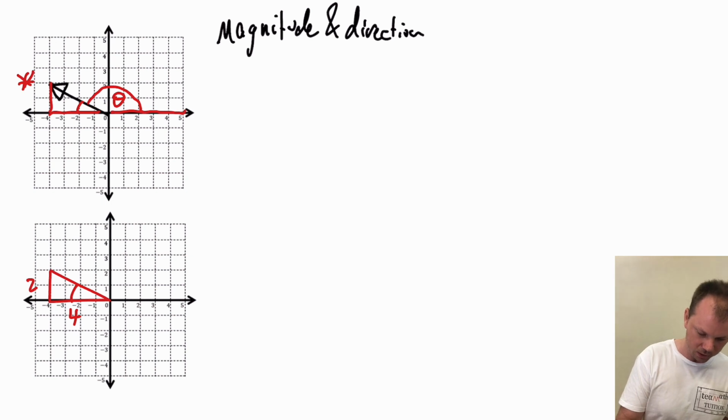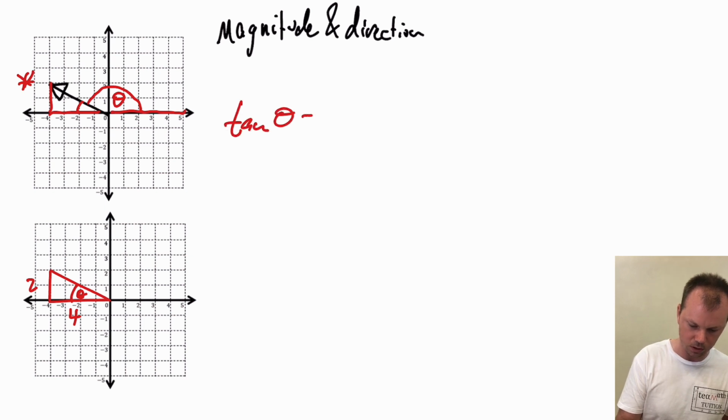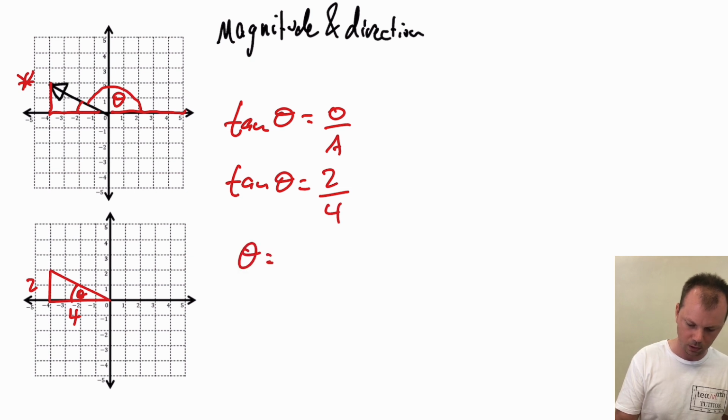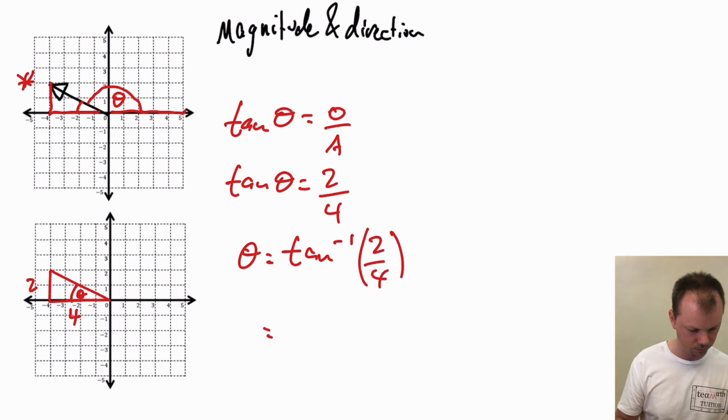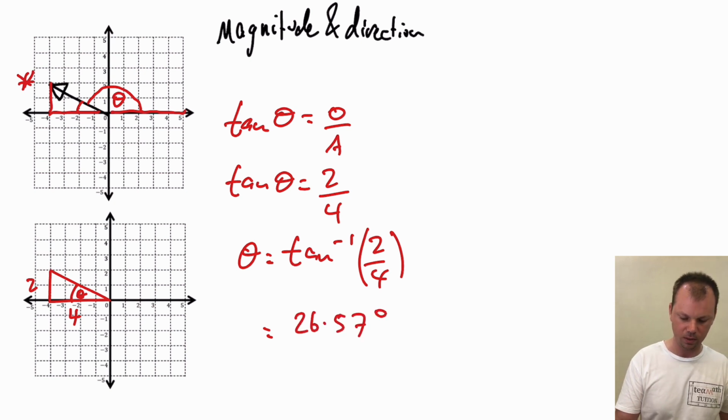We want to know our angle, let's call it theta. So we can say tan theta equals opposite over adjacent. Inverse tan of 2 over 4, and we get 26.57 rounded to 2 decimal places.